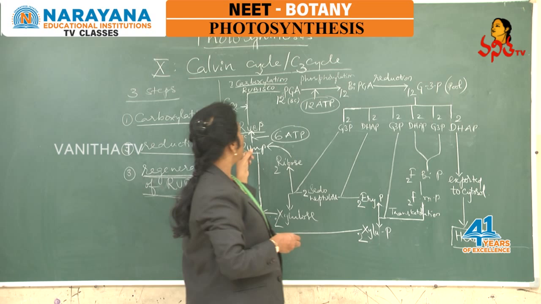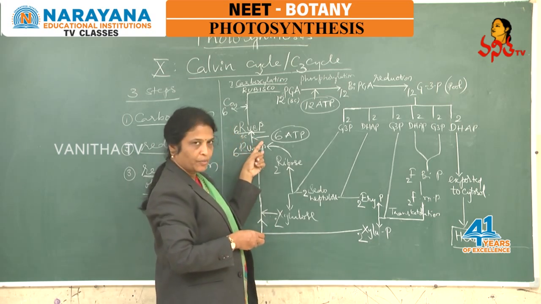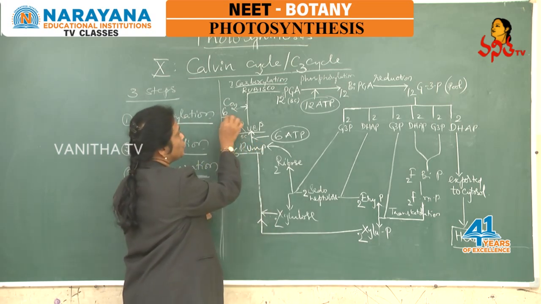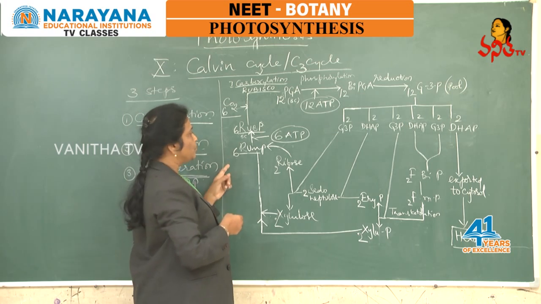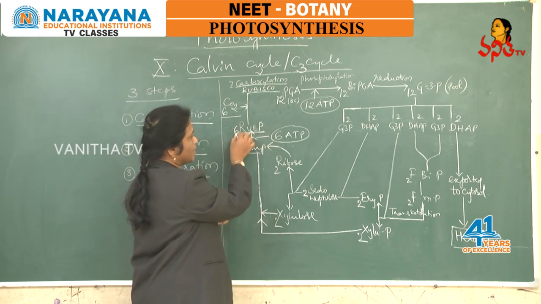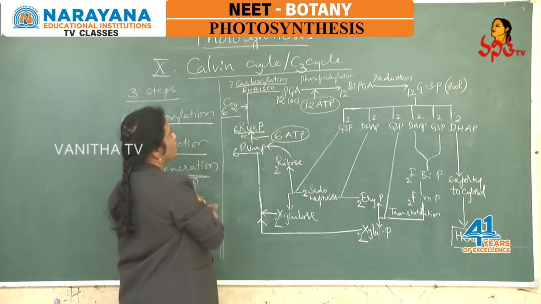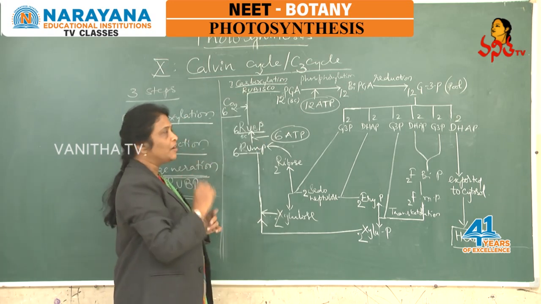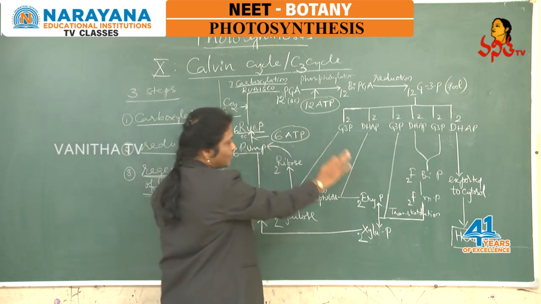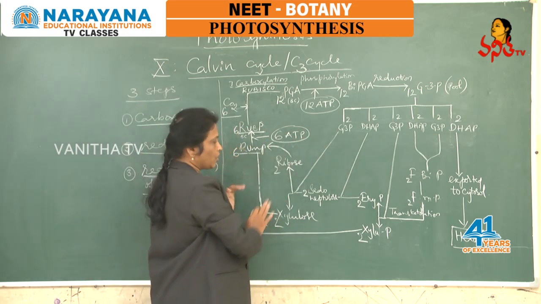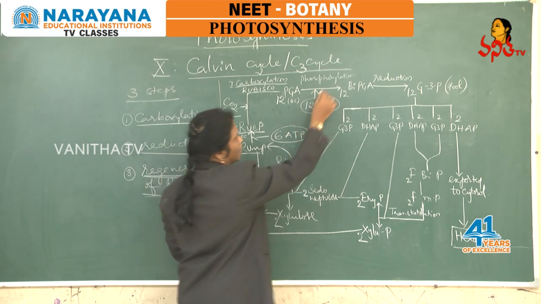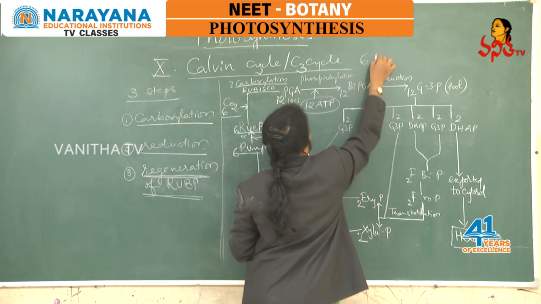And as we follow the count, here we show 6 CO2 molecules fixed and accepted by 6 RuBP, and for the fixation of each CO2 molecule we consider one turn of the Calvin cycle. So, this biochemical pathway that I represented on the board represents 6 turns of the Calvin cycle.